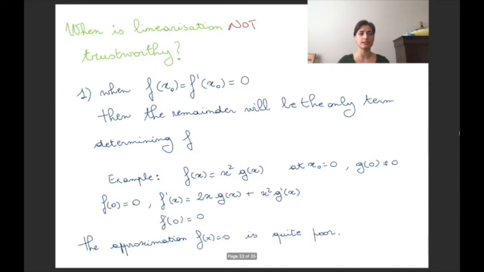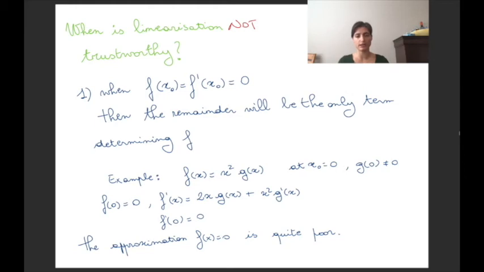Let's look at some cases in which the linearization is not trustworthy. One case is when f of x0 is 0 and the first derivative is 0. Then the remainder of the Taylor remainder theorem is the only thing that is determining f. Let's make an example. Let's define f of x as x squared times g of x.